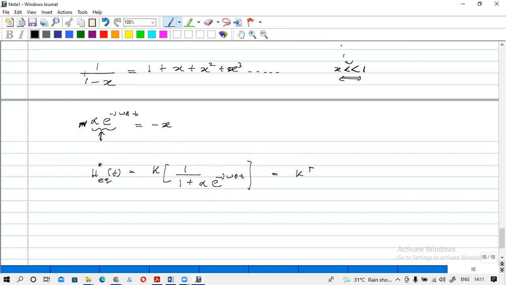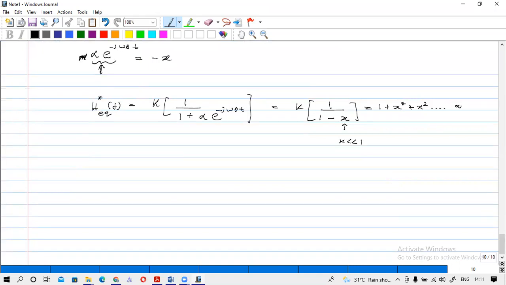So I have k by 1 minus x, where x is very less than 1, and we can write it using this expansion, 1 plus x plus x square up to infinity.